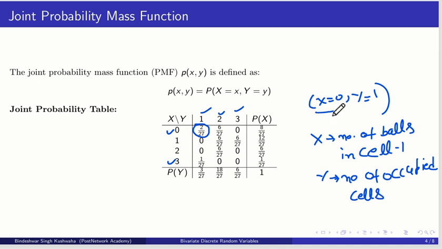So X is equal to 0 means there are no balls, and Y is equal to 1 means there is at least one cell that is occupied.